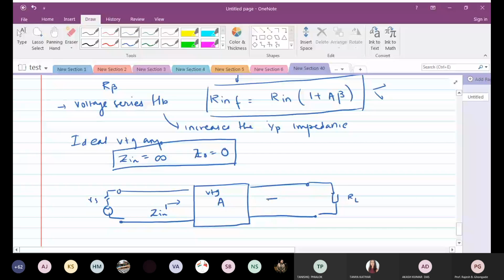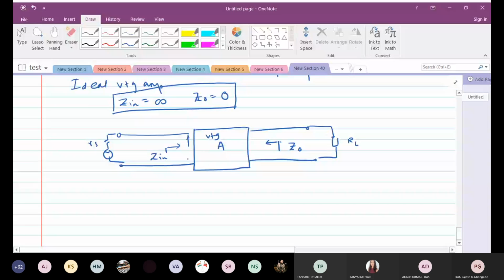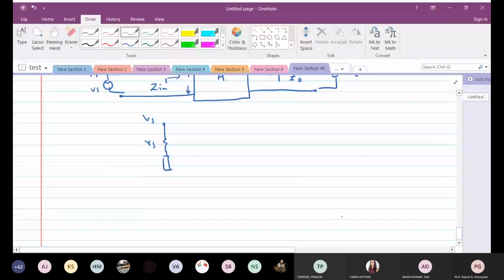See what is the effective voltage appearing here. Isn't it like this? You have a Vs, you have RS, you have the impedance of the amplifier, and this is your Vi, which is appearing at the input to the amplifier.